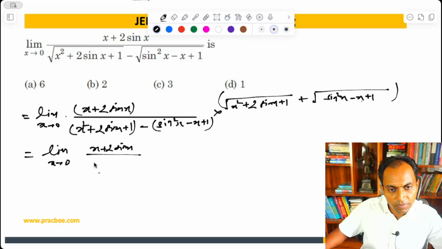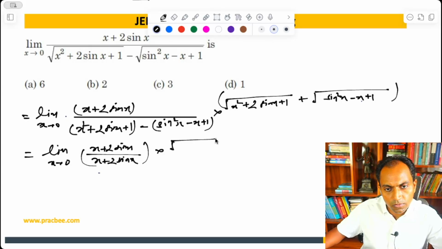This will also simplify as nothing but x plus 2 sin x. And then you have root of x square plus 2 sin x plus 1 plus root of sin square x minus x plus 1.